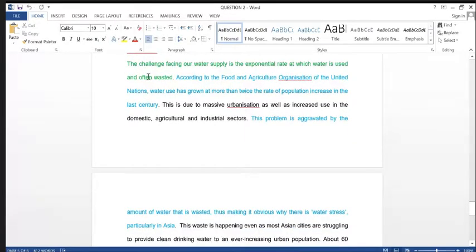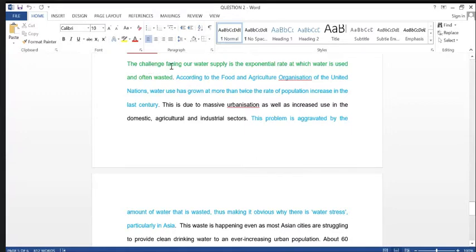The challenge facing our water supply is the exponential rate at which water is used and often wasted. I think I have used this text when I taught you stated main idea before, but never mind if I haven't. This paragraph has a stated main idea, major detail, and minor detail.